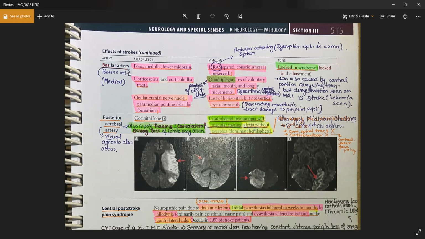What will you see on the MRI of a patient with an ischemic stroke? What kind of lesion can I expect? A hypodense lesion. If you see a hypodense lesion, you will know that it is ischemia.